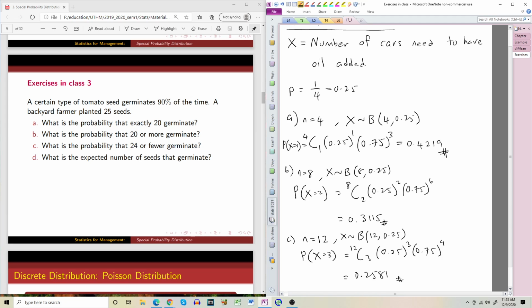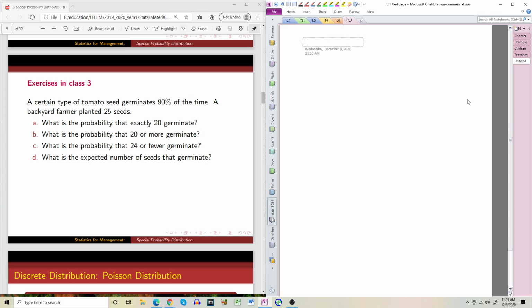Exercise in class 3. I'm going for new page. A certain type of tomato seed germinates 90% of the time.